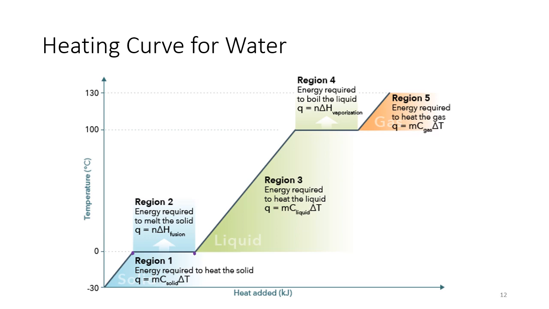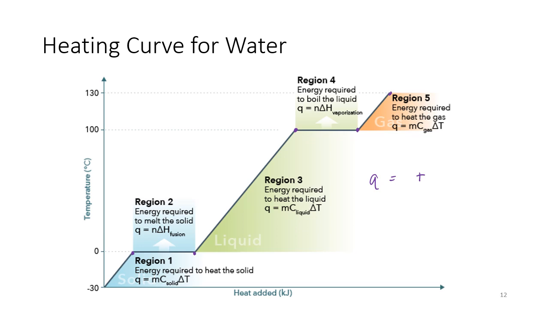Region 3, we warmed our liquid water up from 0 degrees Celsius to 100 degrees Celsius. Then we had gaseous water at 100 degrees Celsius that was formed after vaporization took place. And then we were warming our gas up higher and higher in temperature. In this case, when we calculate the energy, it's going to be a positive value because all of the processes here are endothermic, meaning they require energy.